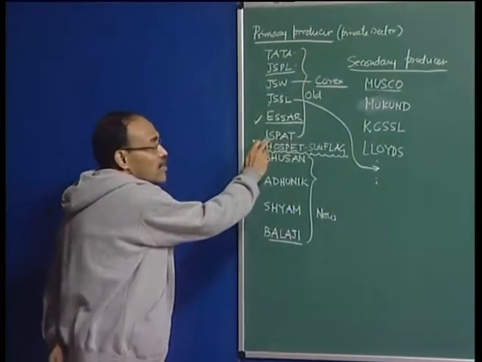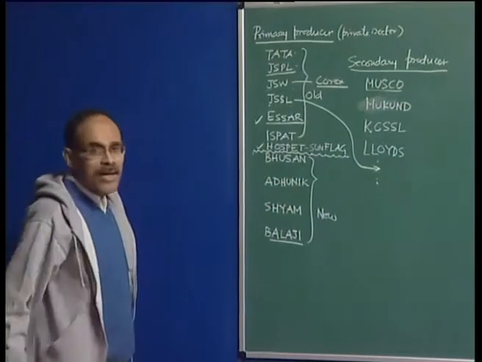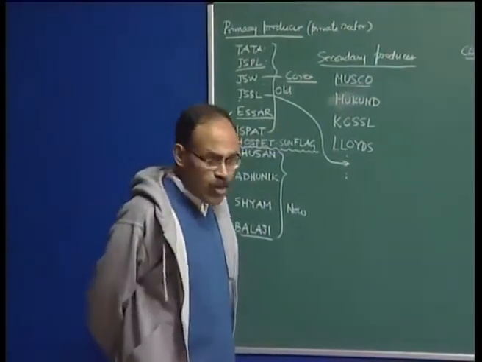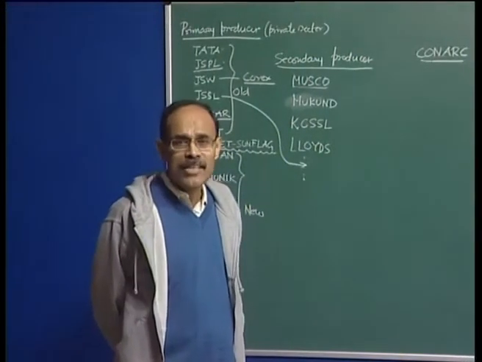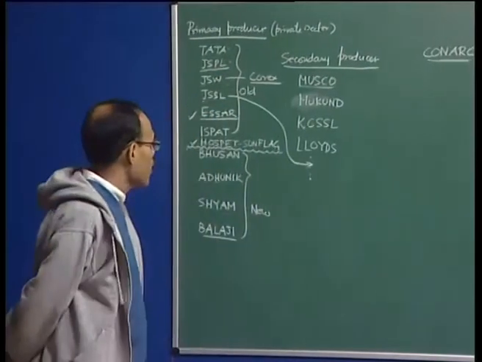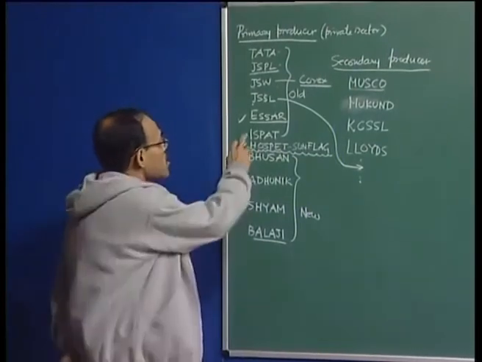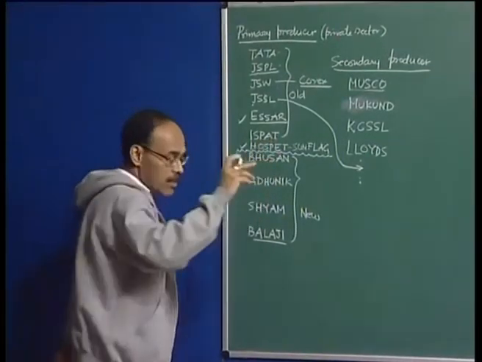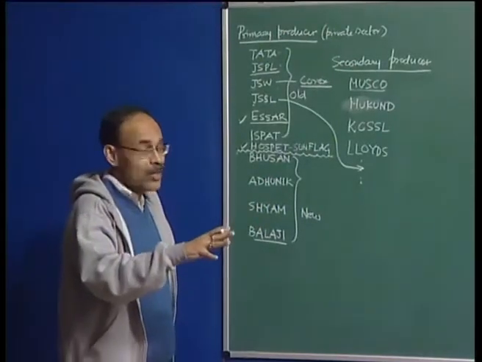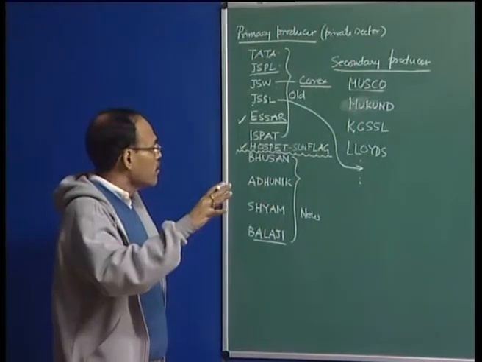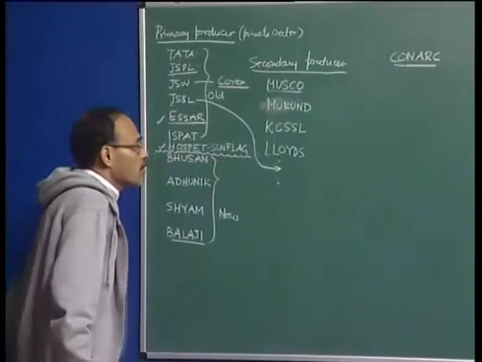Ispat also, Ispat, for example, is the only plant which has thin slab casting, and I think Bhushan or Adhunik also in their east coast, the Odisha plant, also have thin slab casting. I think the Adhunik group have thin slab casting facility in their Rourkela works. So Ispat has the Konark process, so they have a big DRI production facility also in Dolvi, and this DRI is used in the converter, Konark process.